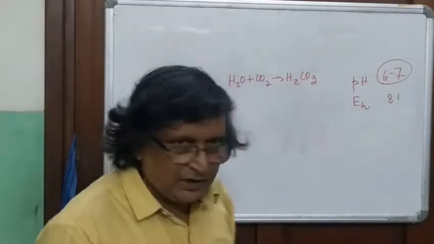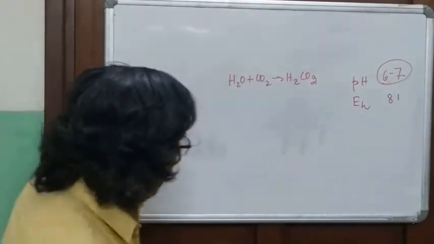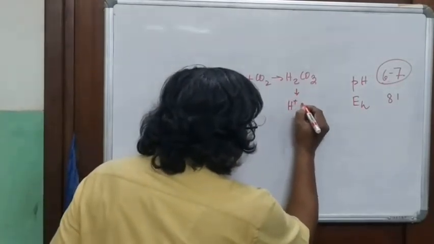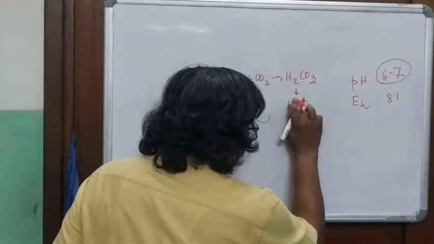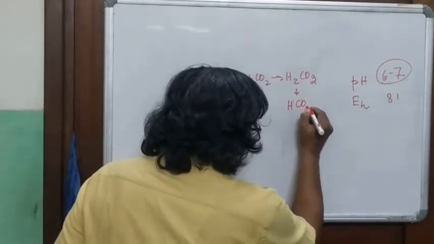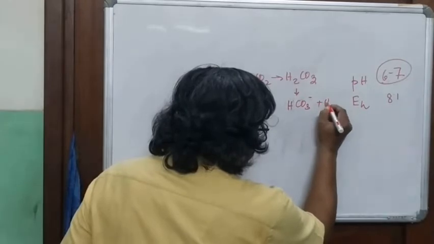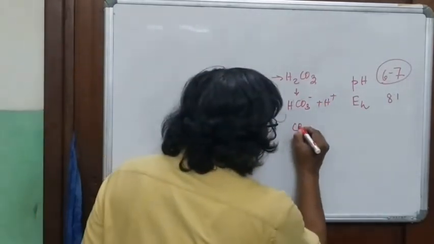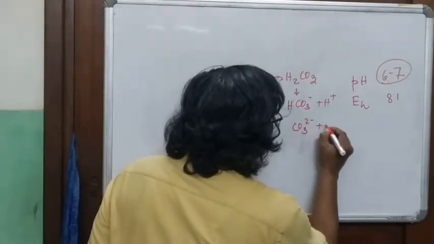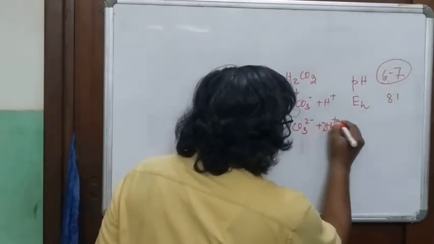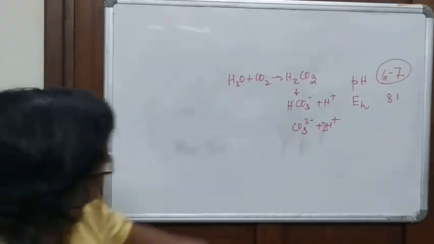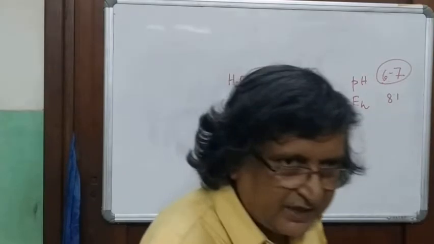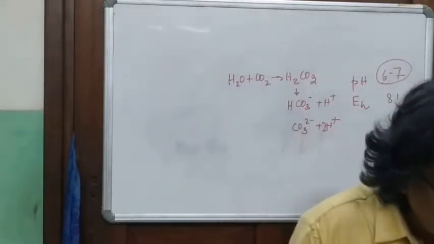And when you have H2CO3, it can break up into HCO3 minus plus H plus, and then CO3 2 minus plus 2H plus. So they can dissociate into different forms.